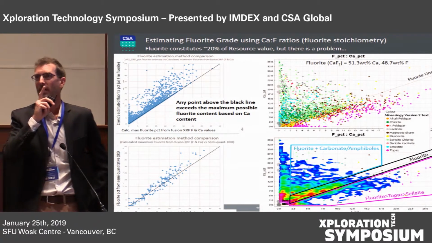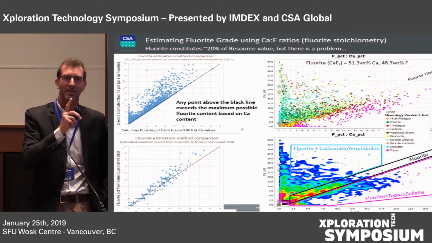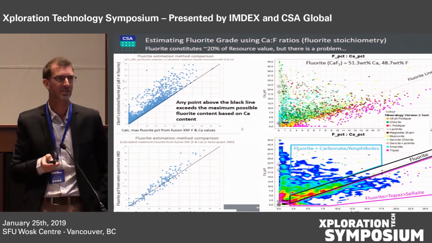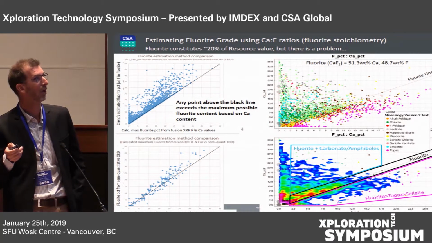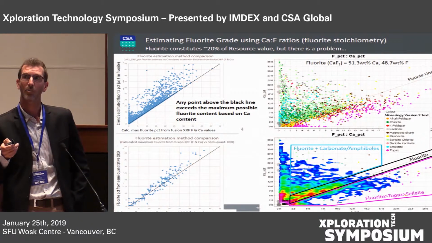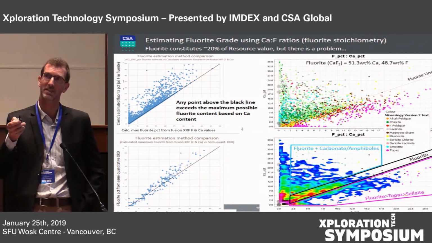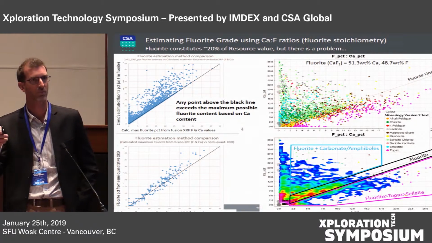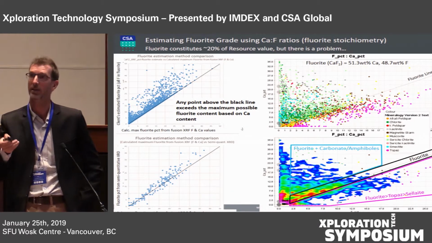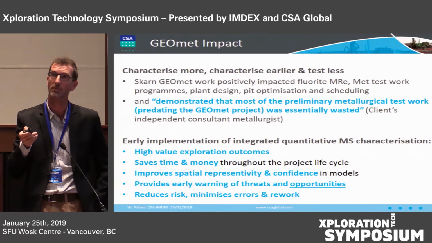So this is a critical thing. There was much less fluorite in this system than the client originally thought. But once we were able to break this down, we can say where are the zones where it's dominantly salite and topaz versus where is it dominantly fluorite, and allay that risk.